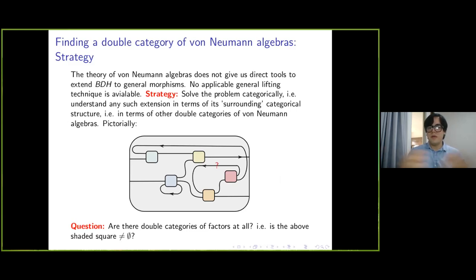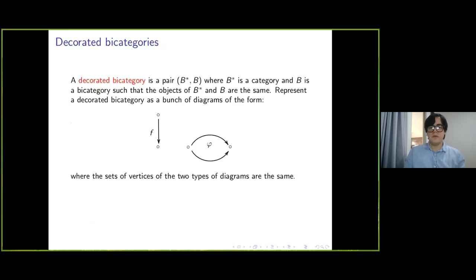You have a bicategory and a category of correct morphisms. Is there a double category that codifies this? Is there a double category of two-cells equivariant with respect to your correct notion of morphism? So this is the problem that I'm thinking about. Let's try to put names and things to say them quickly.